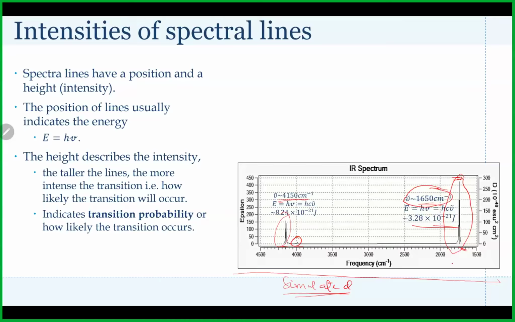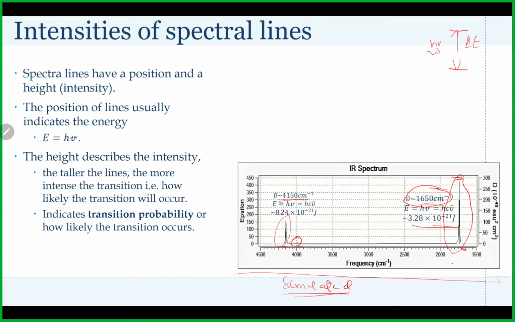Remember we represent energy values or energy levels with lines. The fact that there is a photon corresponding to this difference in energy does not necessarily mean that absorption or emission will take place. The more likely the absorption is to take place, the more intense that transition will be, and the more intense the line will be observed in a spectrum.